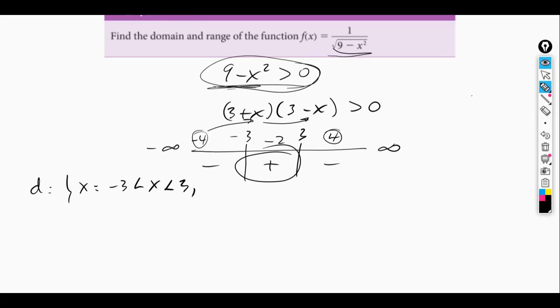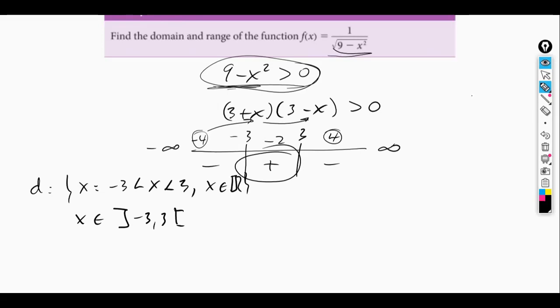And don't forget always to add that x is real. If we were to use interval notation, we would say x belongs to open -3, 3, open. This means that it doesn't include -3 and it doesn't include 3, but it does include all the real values between those two numbers. How about the range?